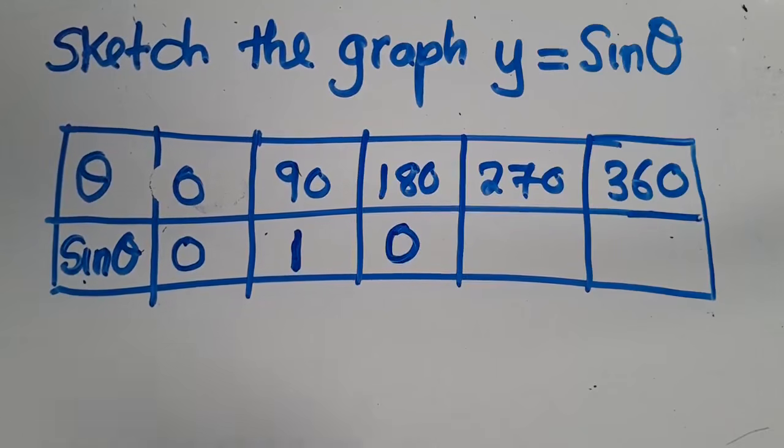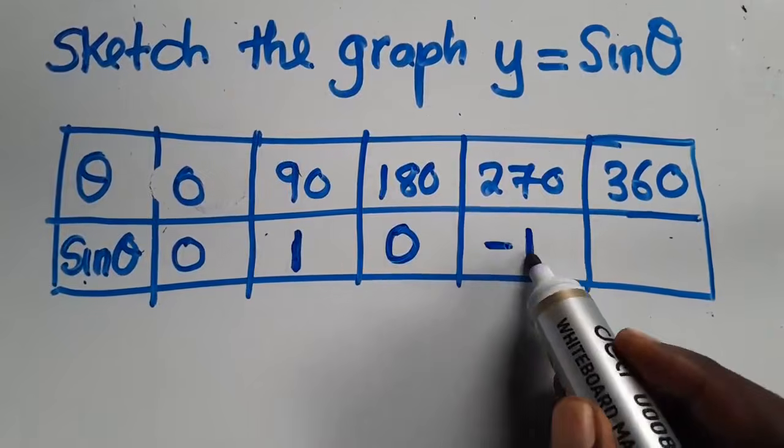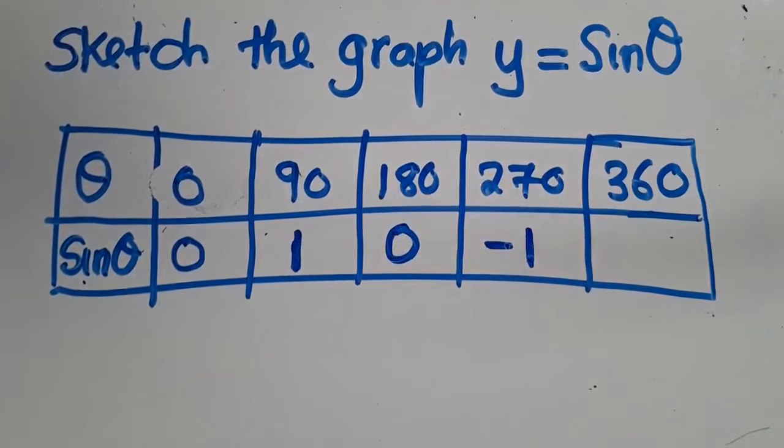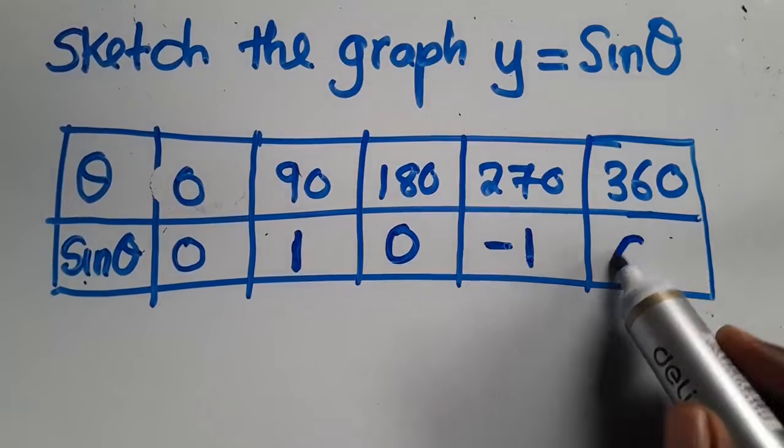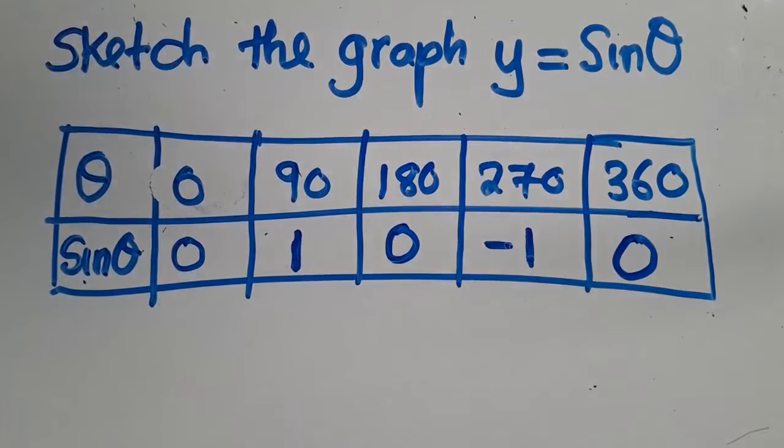The answer that I'm getting is -1. What is sine 360? I'm getting 0. Then I sketch these points. So once you sketch, then you are done.